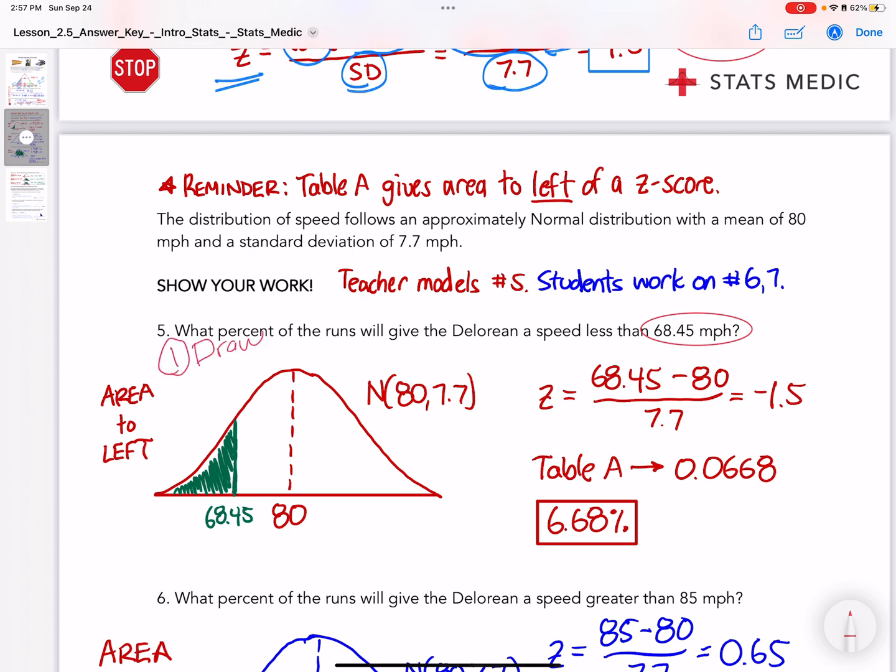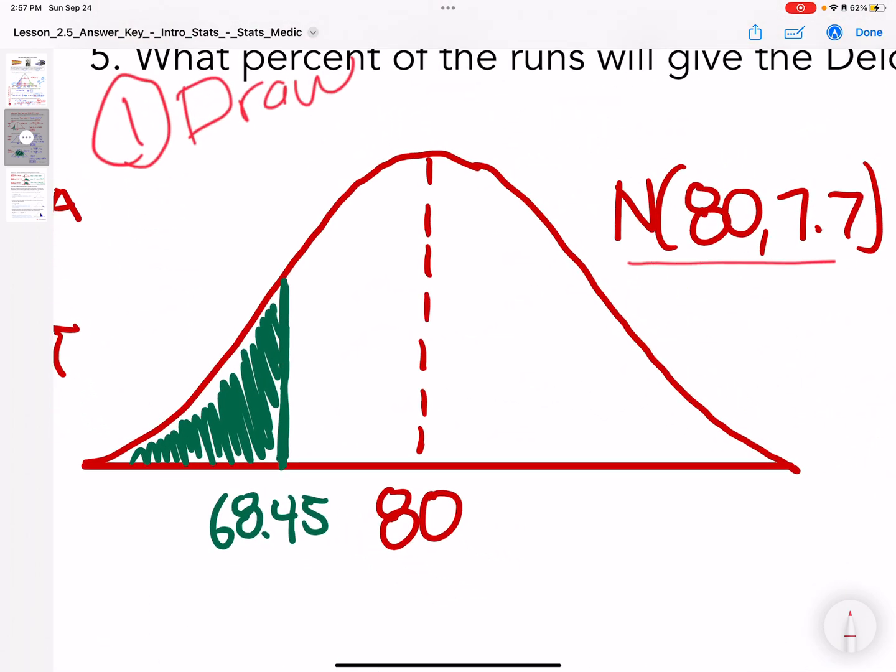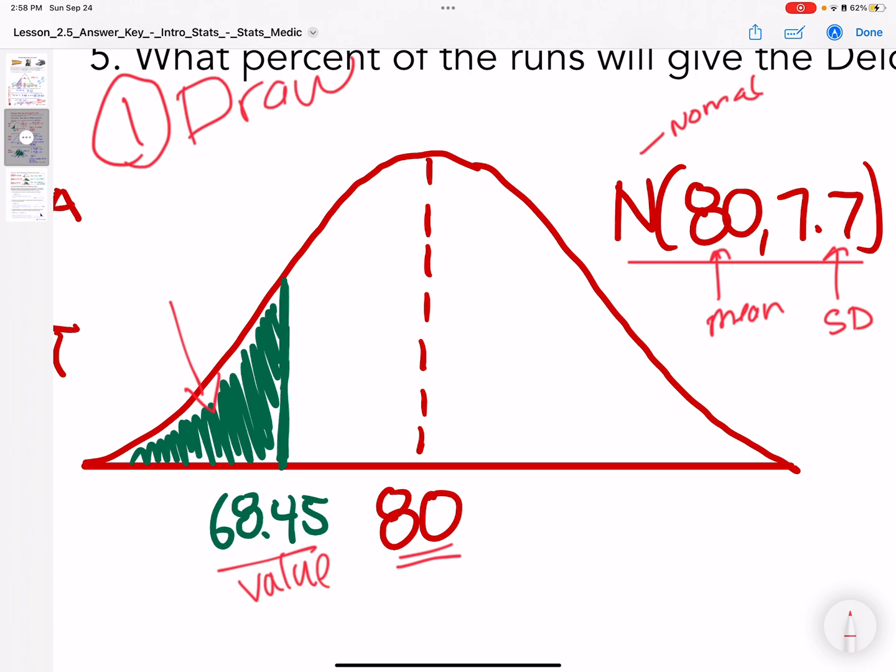In my picture you can see I labeled a couple things. I showed you N(80, 7.7), that means it's a normal model. That means that 80 is my mean, and 7.7 is my standard deviation. So I draw a model, put 80, then I put my value, and I put the percentage. I put a question mark percent just to show that's what I'm looking for.